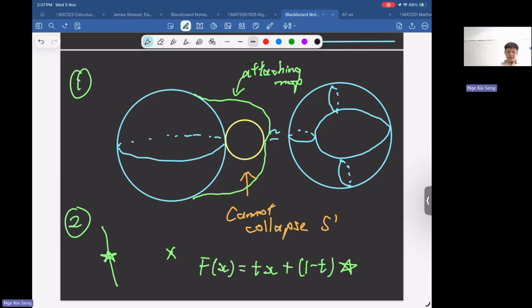Another thing is, I think Xiaoyue asked me about the semi-direct product. If you look at the website I put on Moodle last week, I already put up the Conrad notes on the semi-direct product, or other semi-direct product notes here. So let me see where's the definition.